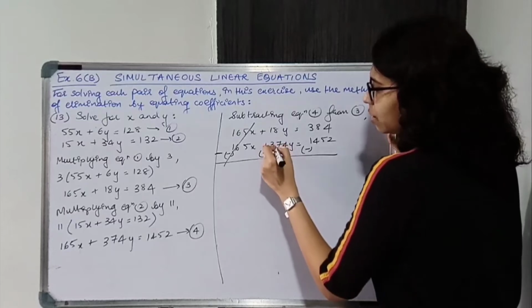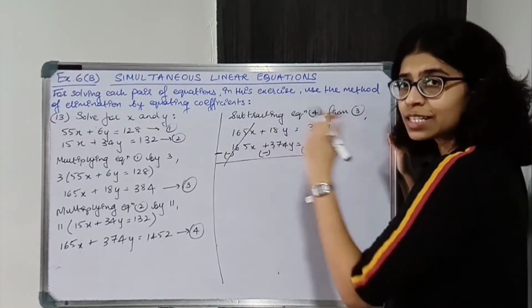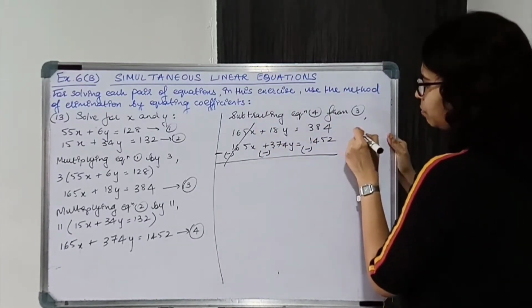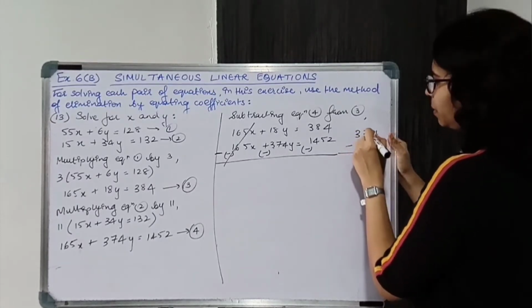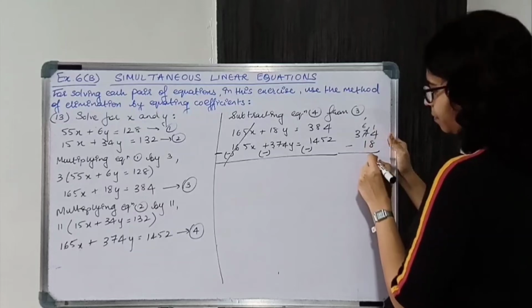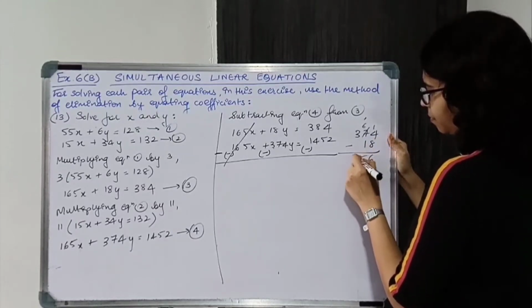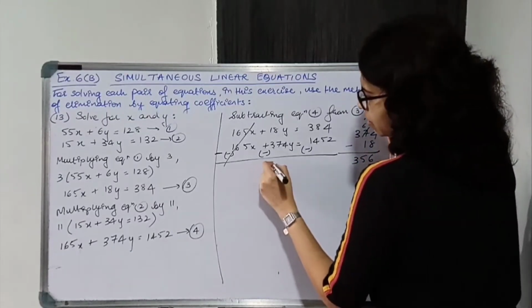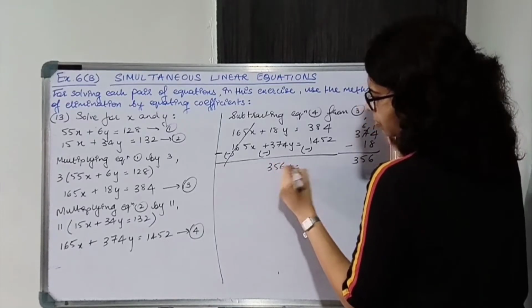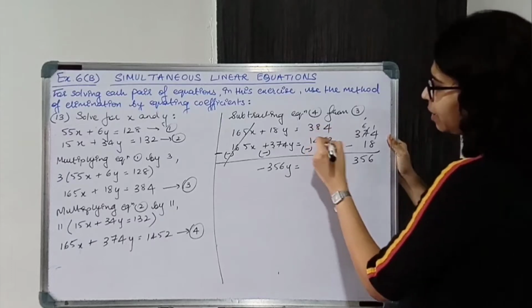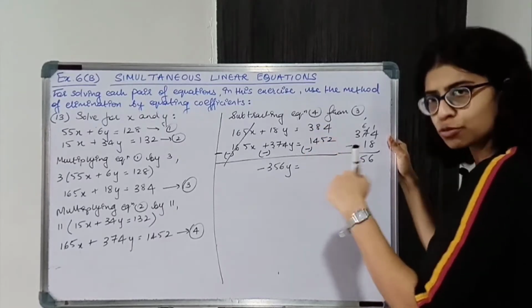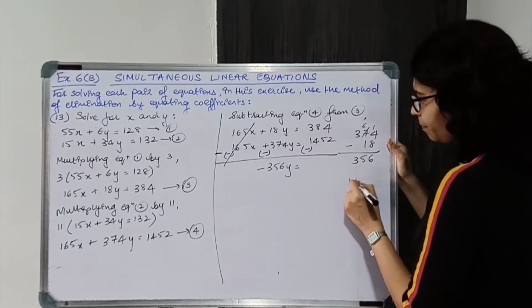Now 18 minus 374, that is 374 minus 18, how much will it be? So that will be 356. Okay, negative because the sign of the greater number is negative. And 384 minus 1452. So do 1452 minus 384.